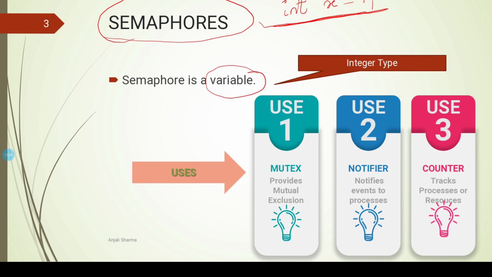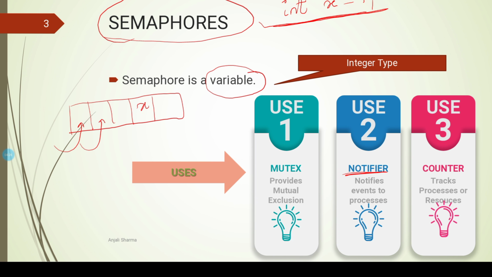Of course, the most important use of a semaphore is mutex, that is, providing mutual exclusion. But a semaphore can also act as a notifier. You can understand the working of a semaphore as a notifier with a simple example. You have seen linear search. Let us say there are several elements, and you are searching for x. You go to each element and check whether it is equal to x or not.